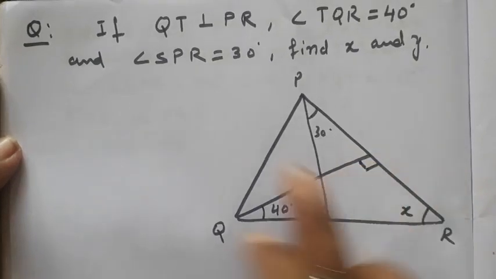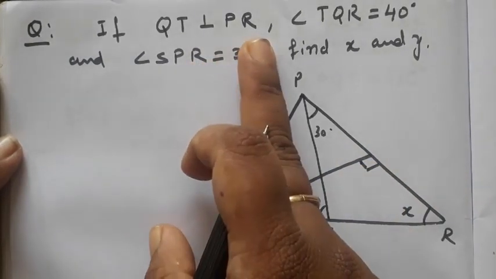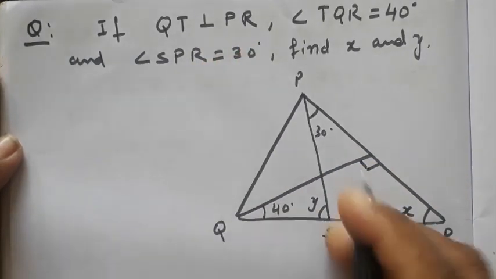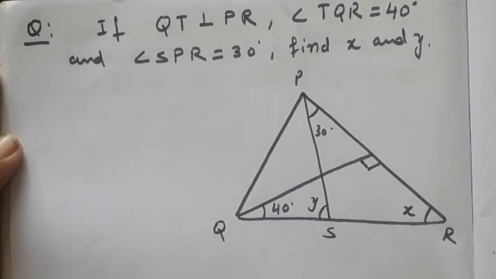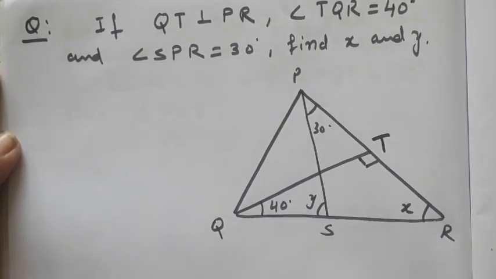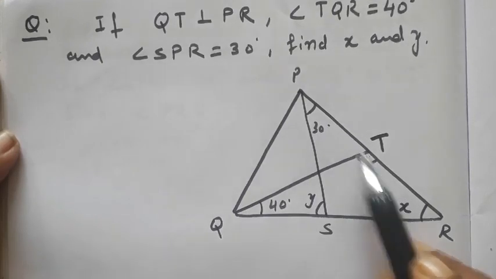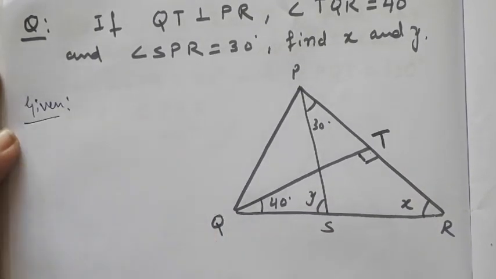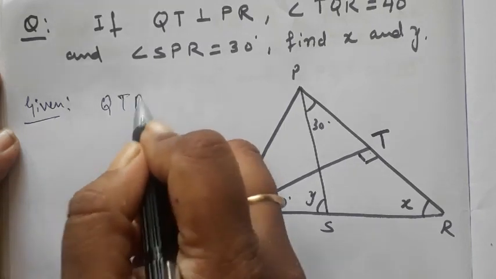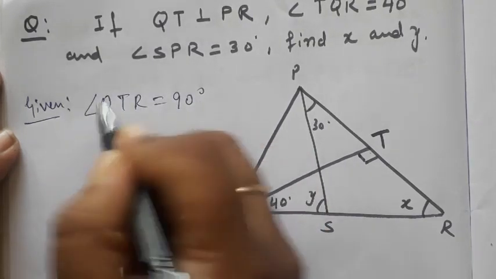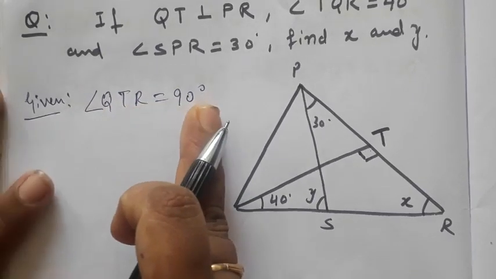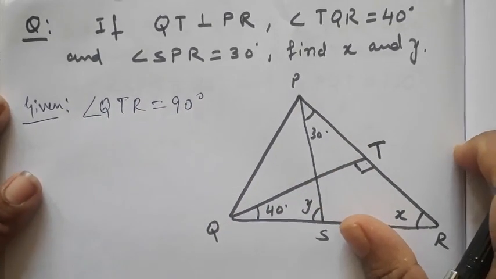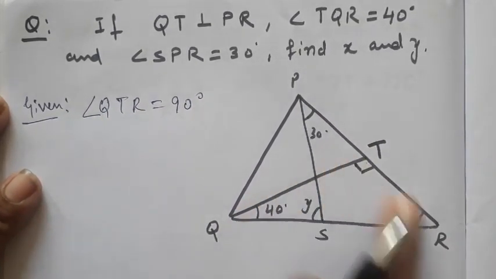So here is the question: QT is perpendicular to PR. If it is perpendicular to PR, it is already given to you that angle QTR is equal to 90 degrees, because it is perpendicular.